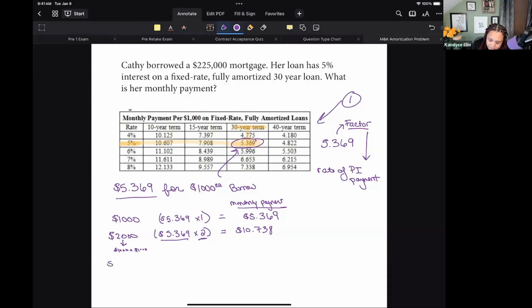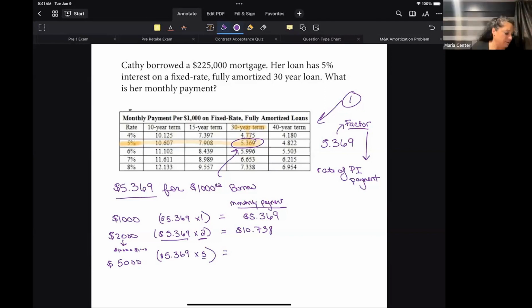Well, if you borrowed $5,000, you'd be paying $5.36 5 times. So if I do 5 times 5.369, what do I get, Maria? Let's see. 5.369 times 5 is 26.845.